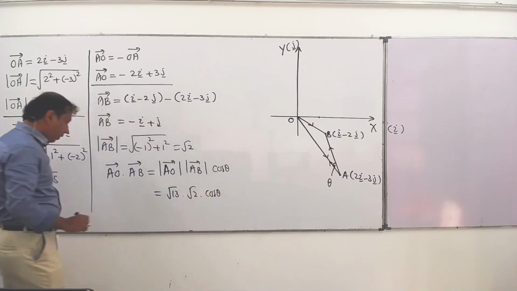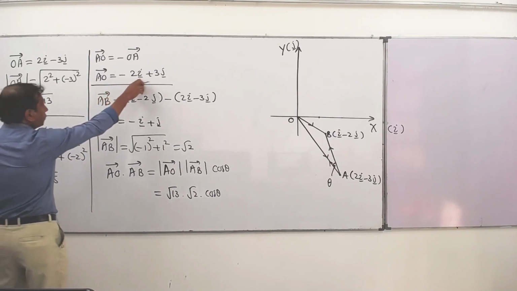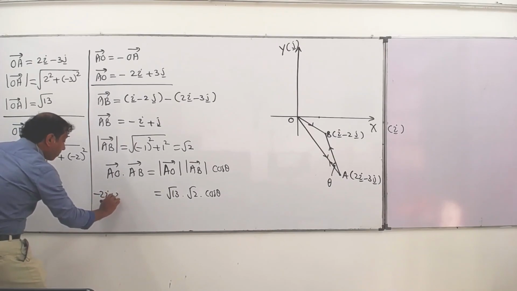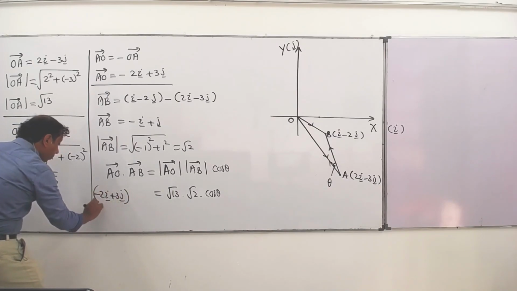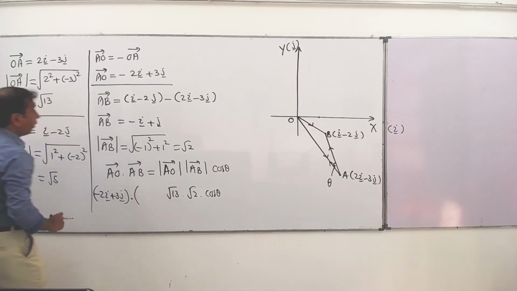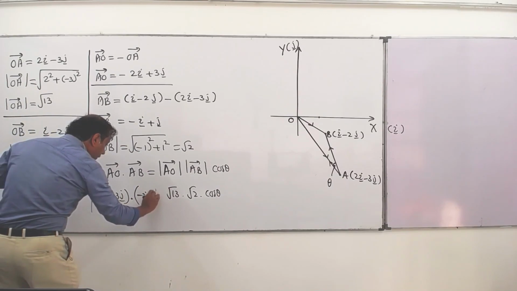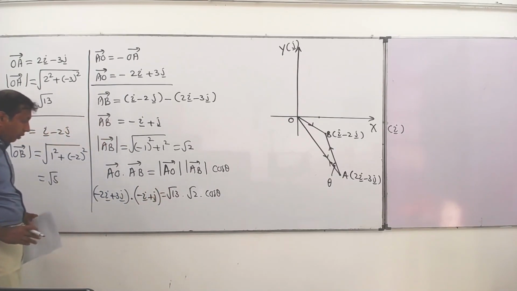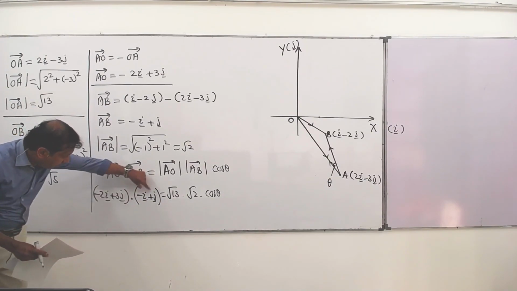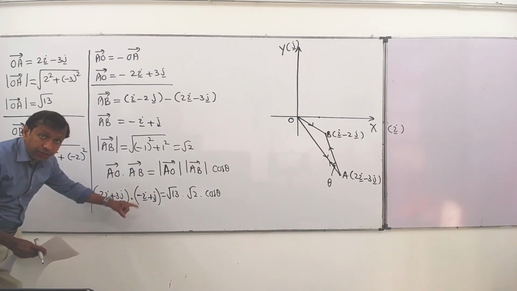On the left hand side, the AO vector is minus 2i plus 3j, dot the AB vector, minus i plus j. When we take the dot product between two vectors containing i and j, we multiply the i coefficients and the j coefficients.